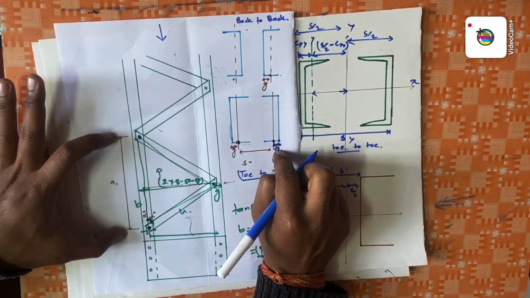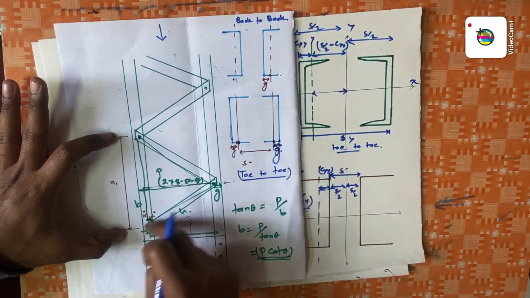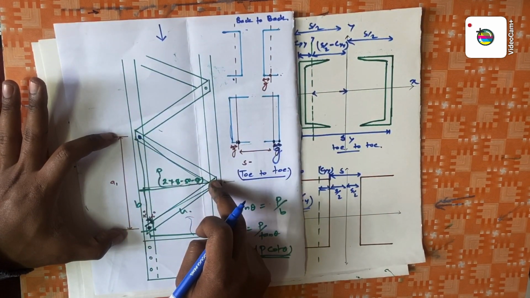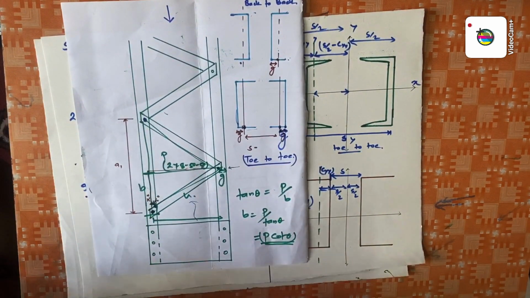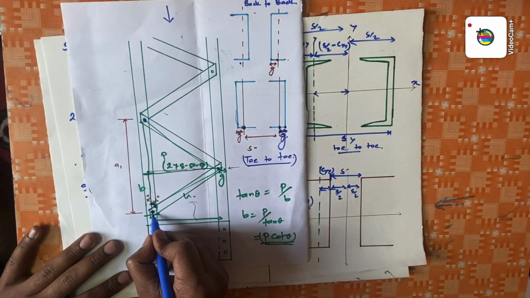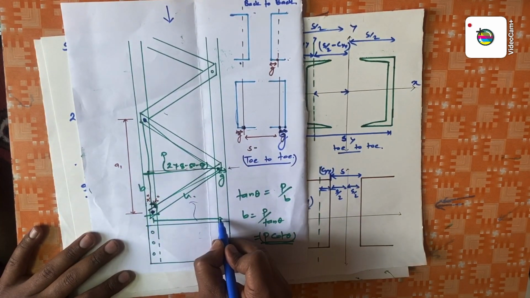To find out this value, we can go through some simple trigonometric numerical. The first job is to find the distance from this bolt to this bolt.